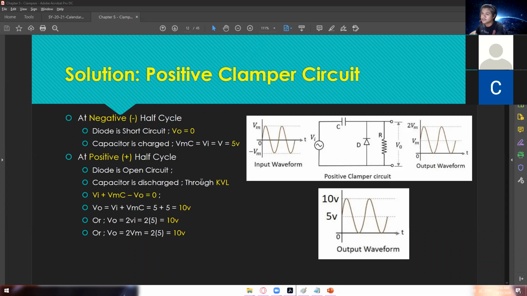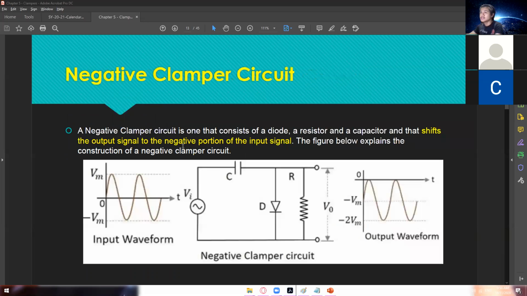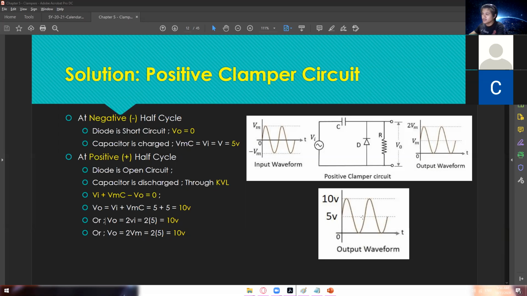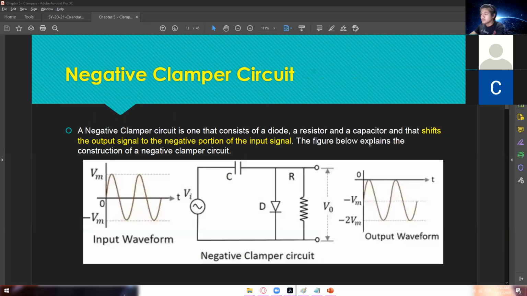So let's see if we can finish the negative clamper circuit. The negative clamper circuit is the opposite of the positive clamper. The negative clamper will be below the ground level, or below 0 volts. It is still composed of the same components, a resistor, a capacitor, and a diode, wherein it shifts the output signal to the negative portion.